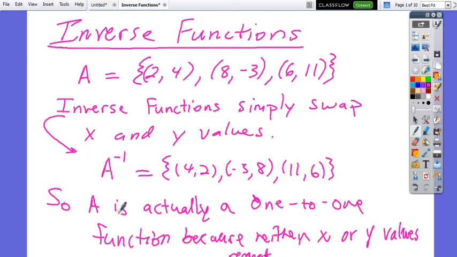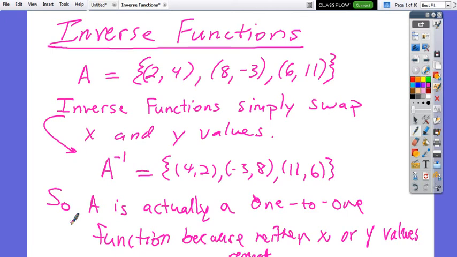So you'll end up with two functions when you do the inverse. That will always be the case. We'll see an example where the inverse will not be a function later on. So A is a one-to-one function because neither x or y values repeat. That's probably not the best grammar in the world, but it is what it is.